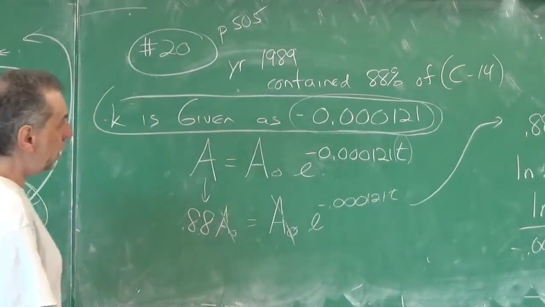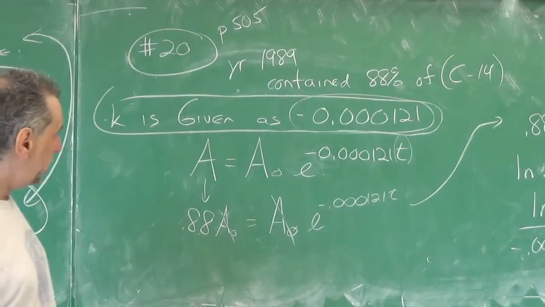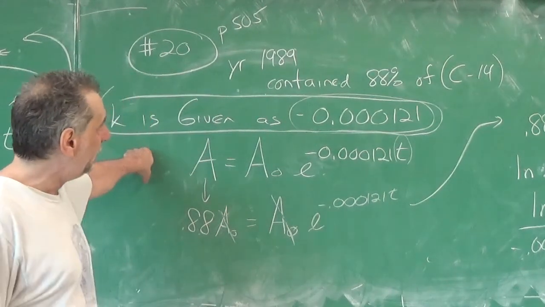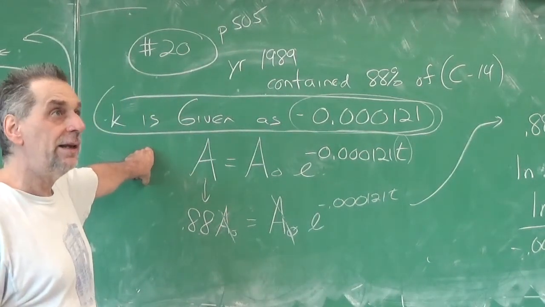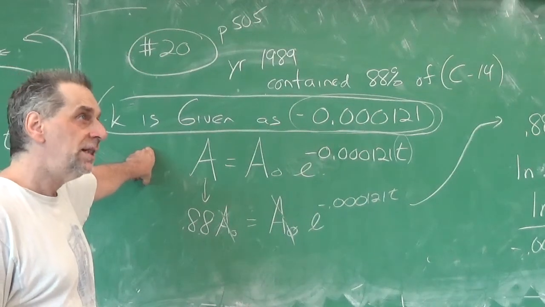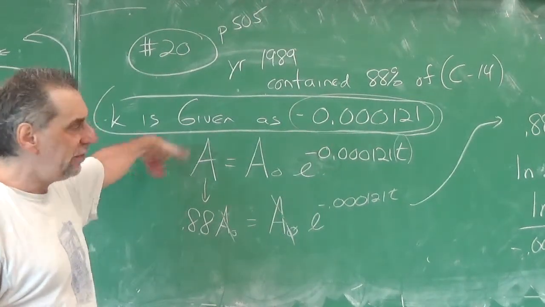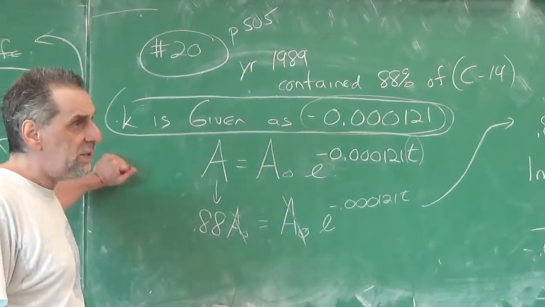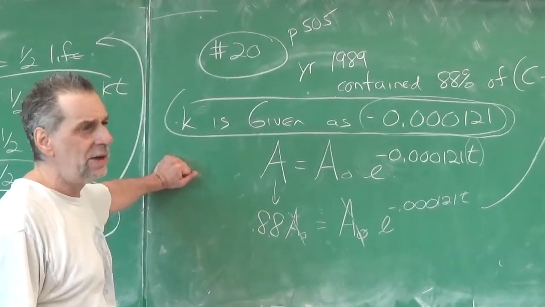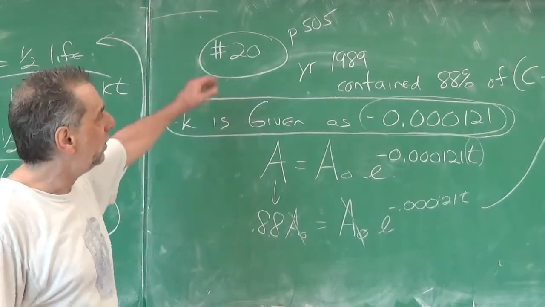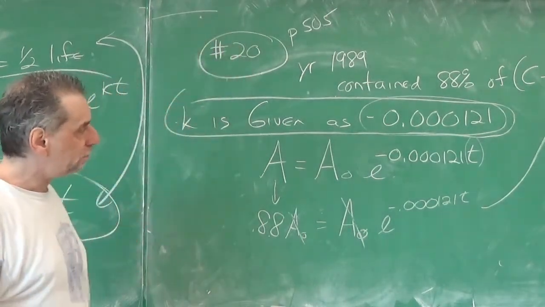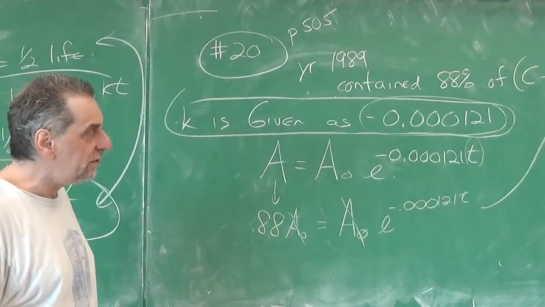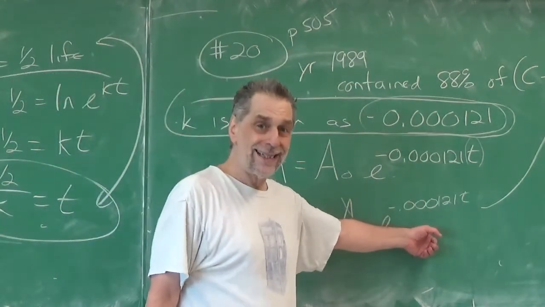Just for information's sake, I believe the half-life of carbon-14 is something like 5,700 some years. You can figure out the half-life using this formula very easily, but I think if I remember, it's 5,750 years, something like that. So if they've only lost 12%, notice 1,056, our answer, is much less than the half-life.